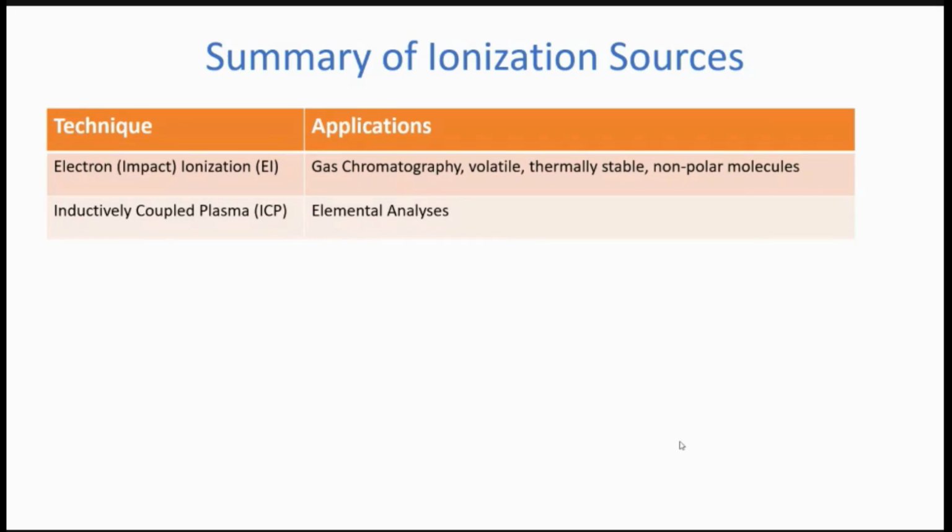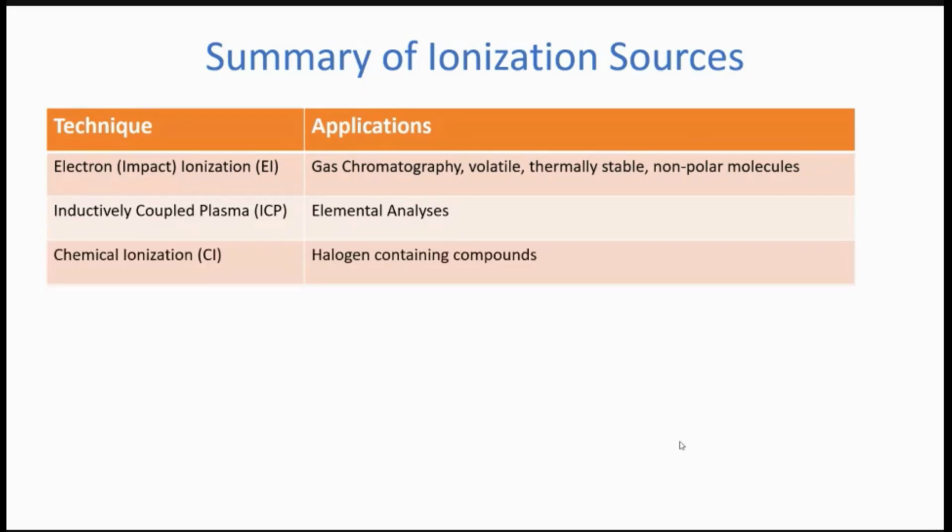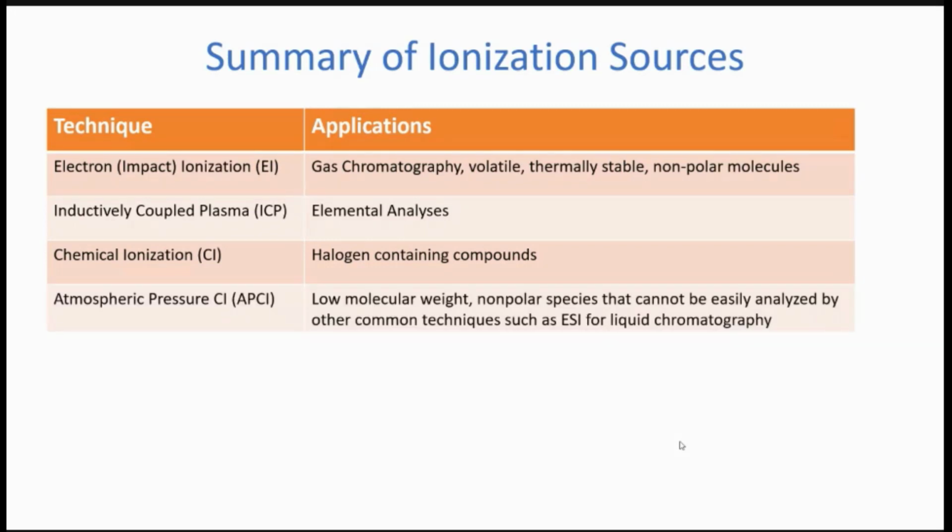You're generally measuring atoms. Chemical ionization, or CI, is very good at ionizing halogens. Atmospheric pressure CI is also very good at halogens, but as well, low molecular weight, non-polar species that aren't easily analyzed by other techniques.